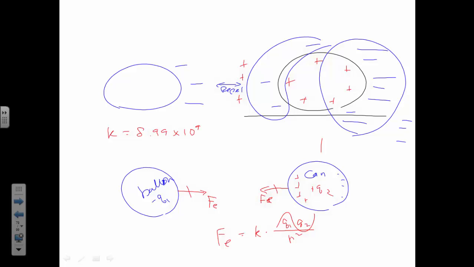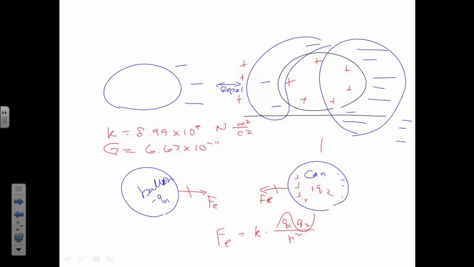Notice, in our gravitational equation, our capital G was 6.67 times 10 to the negative 11th. And our units were such that they canceled out all the units over here to leave me with newtons on this side. So here we're going to have newtons over there. We're going to have to divide by coulombs twice, and multiply by meters twice.